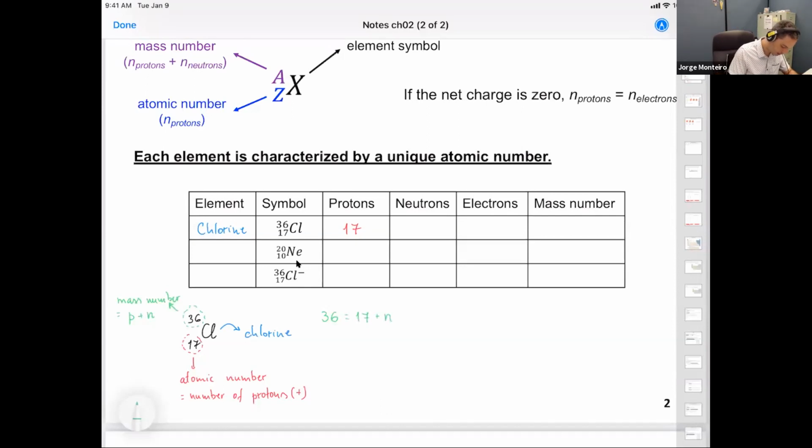Therefore, the number of neutrons for this element is going to be 19. And we can also fill up the mass number here, 36.